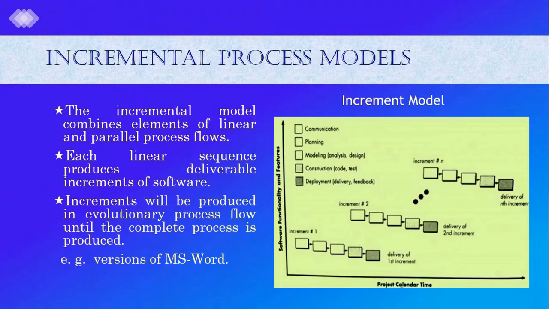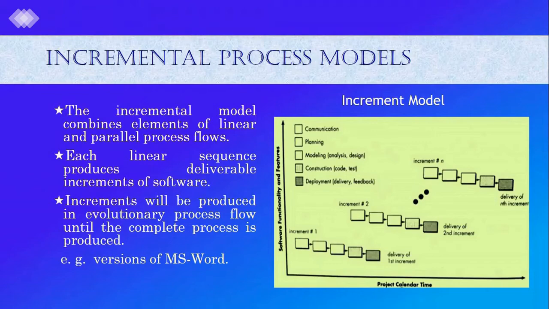In word processing, the first increment consists of only basic file management, editing and document production functions. The second increment has more sophisticated editing and document production capabilities. The third increment consists of spelling and grammar checks. And the fourth increment consists of advanced page layouts.